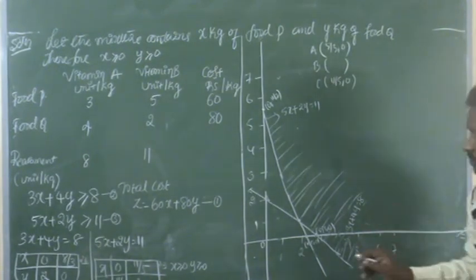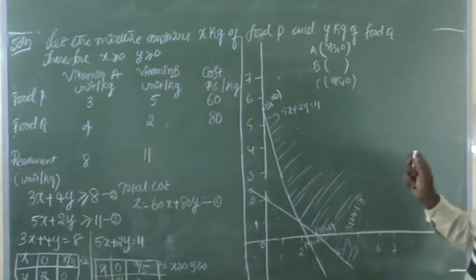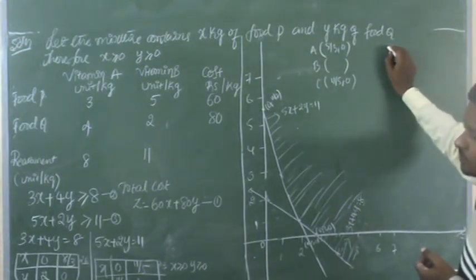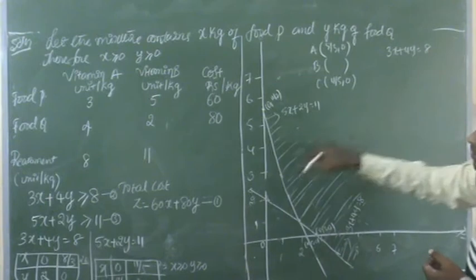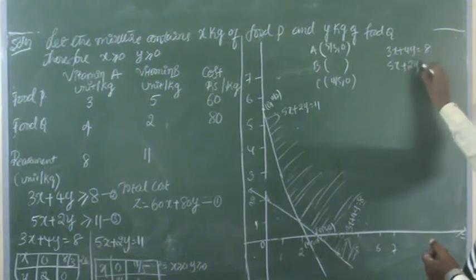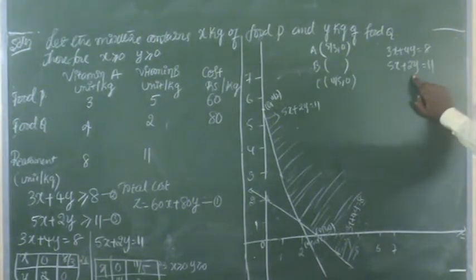Okay, to solve for the intersection of these two lines, write the equations: 3x plus 4y equals 8, and the third equation, 5x plus 2y equals 11. For the third equation, we multiply by 2, so that 4y gets cancelled on subtracting.